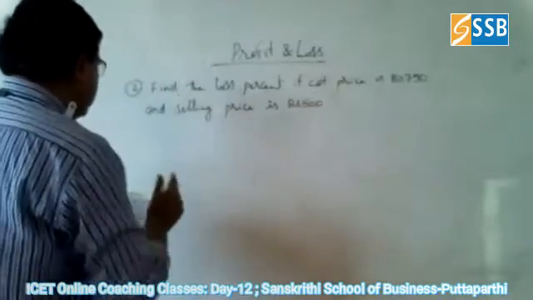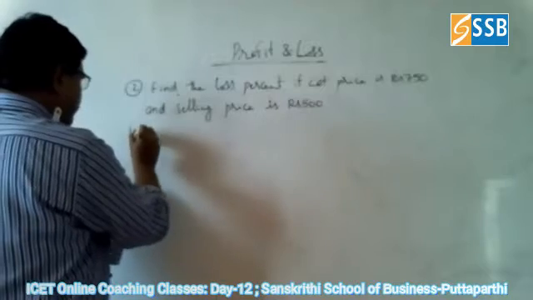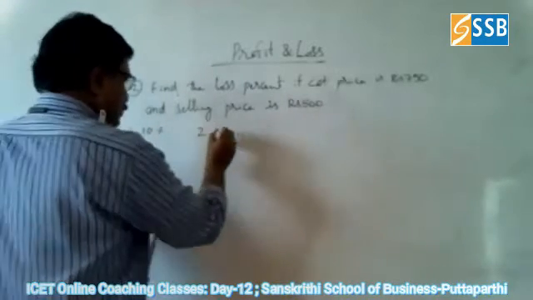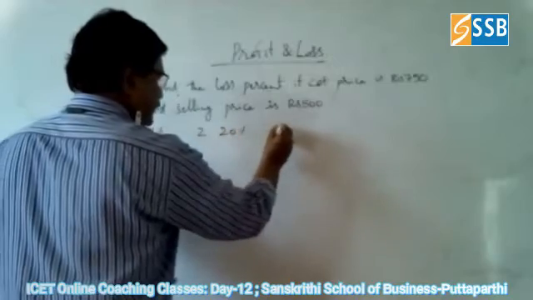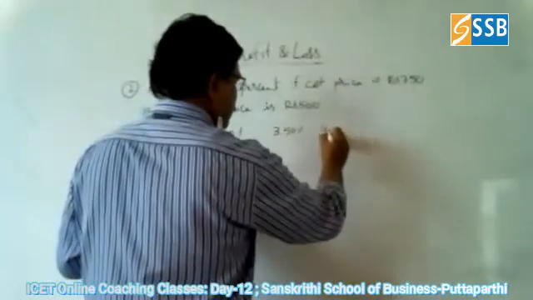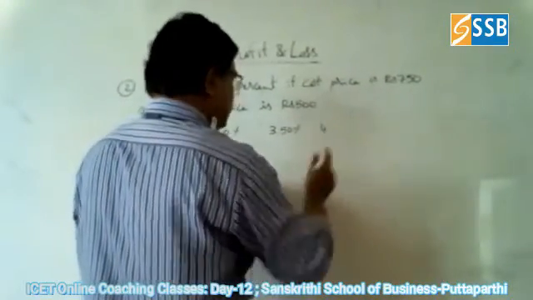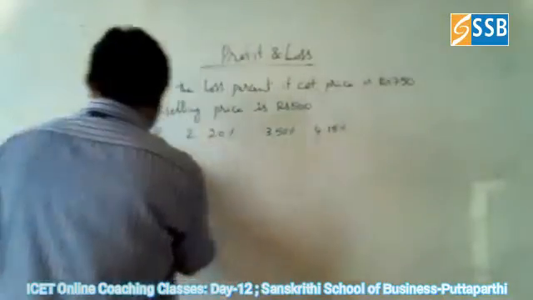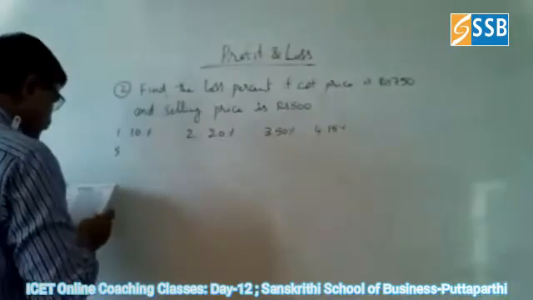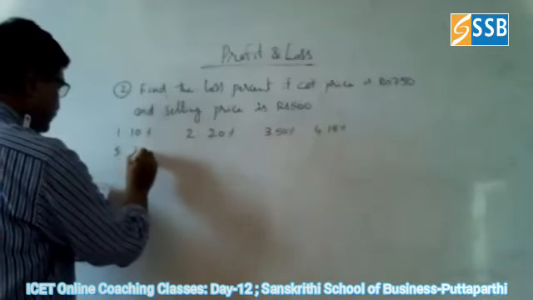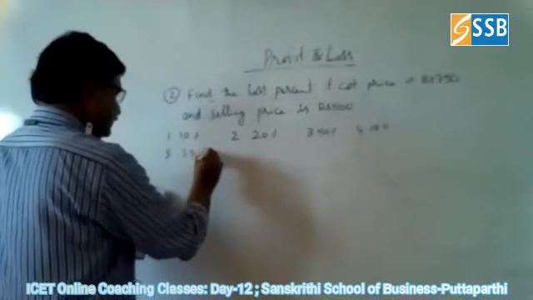Option 1 10%, option 2 20%, option 3 50%, option 4 15%, option 5 33.33%.